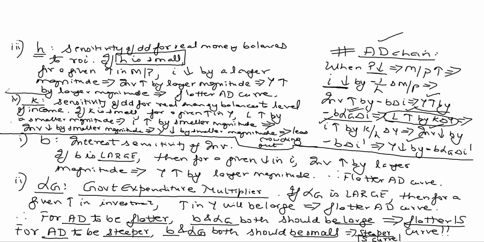So this means that for the AD curve to be flatter, H should be small, K should also be small. So guys, if H and K both are small, will the LM curve be flatter or steeper?